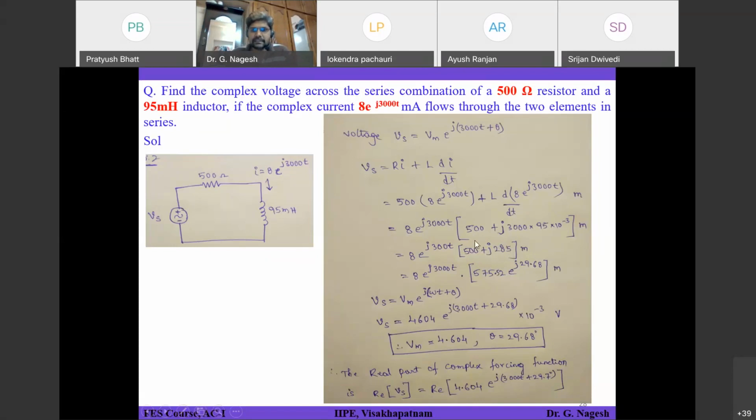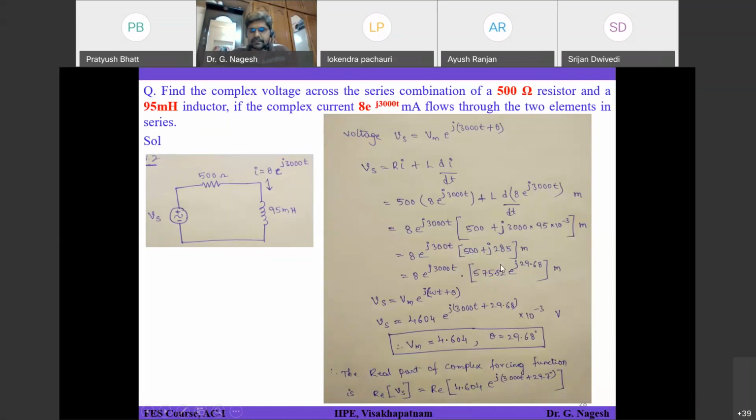Now you have to convert this into exponential form again. What is the magnitude of this one? The magnitude will be root of 500 square plus 285 square. This is also a complex number, represented in exponential form.